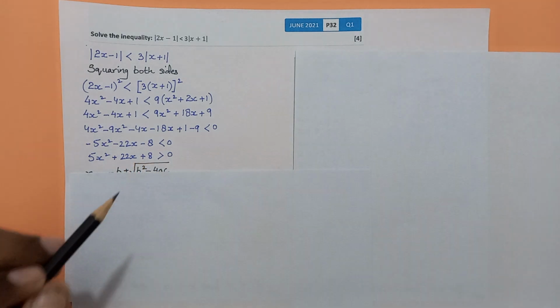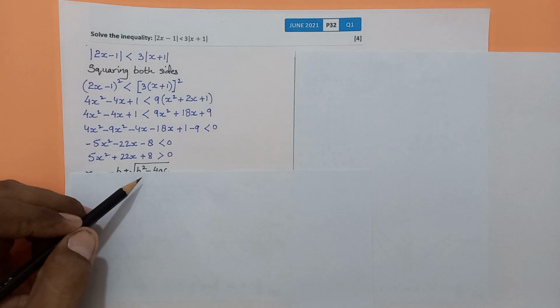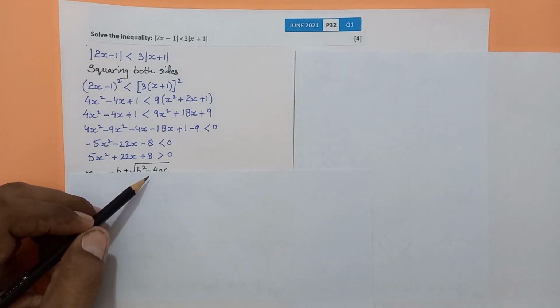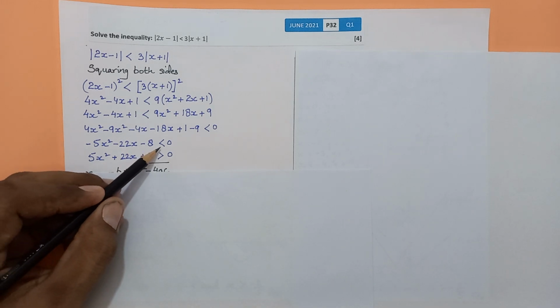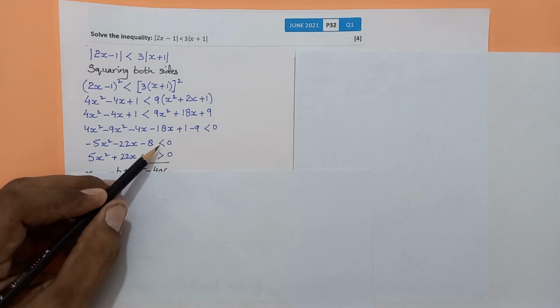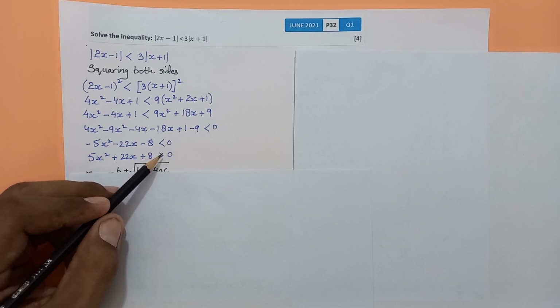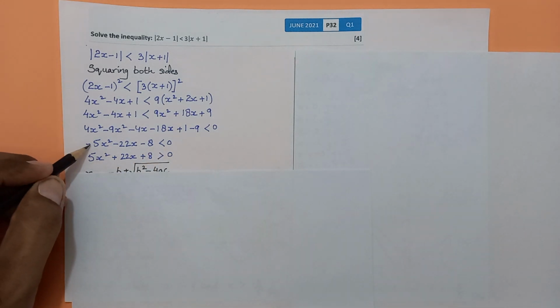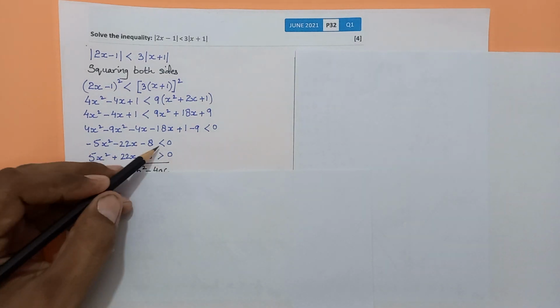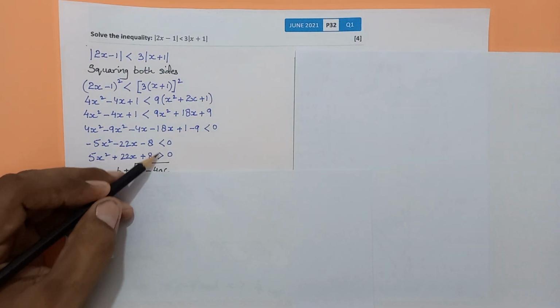But keep in mind, whenever you multiply or divide by a negative value while working with inequalities, the direction of the inequality changes.